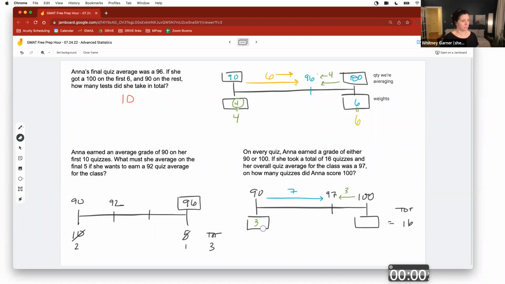Oops, and I should have put this down here. Sorry, this should be a 3 down here. And on this end, I've got a 7, for a total of 10 tests.